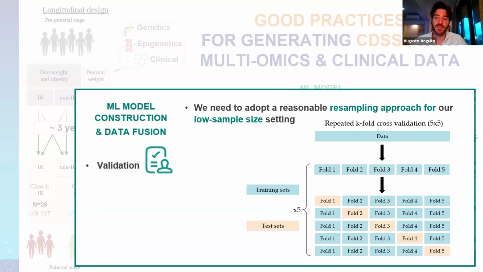In this case, we did a 5-fold cross-validation, and we repeated the whole process 5 times over the population. So we can be sure that the predictive performance metrics that we get are representative of the whole population, and we can fight against overfitting in our data.